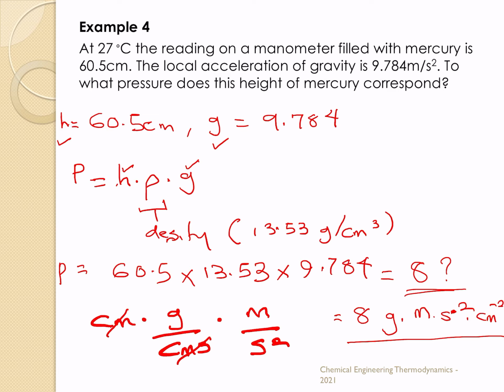So that's our unit: G, meters per second raised to power 2, and per centimeter raised to power 2.